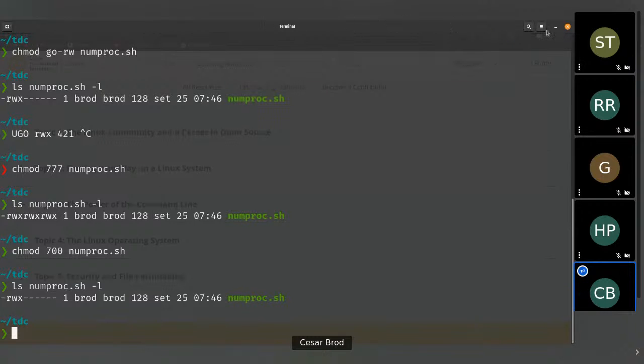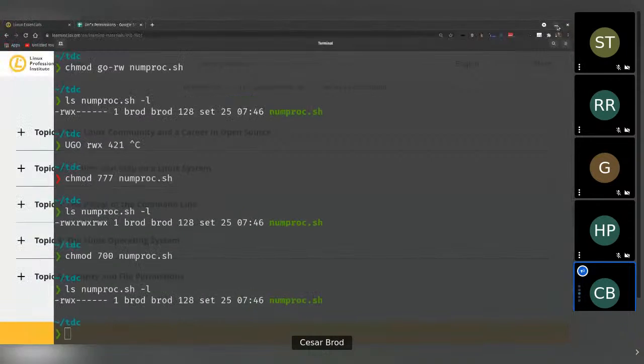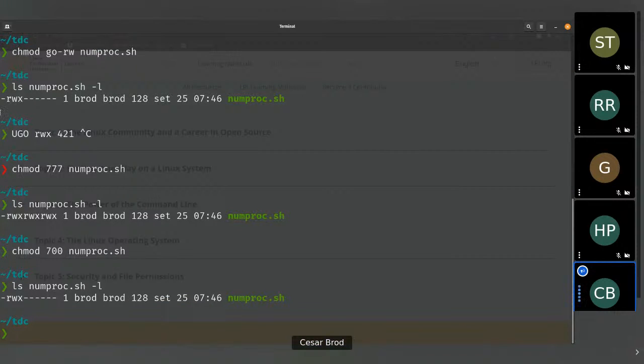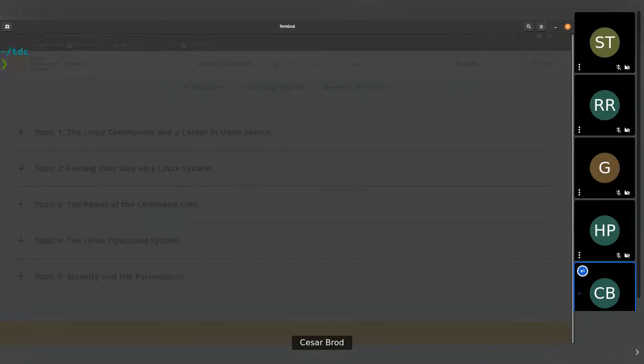So let me just minimize that and let me show you one small thing that I created. Let me write in the terminal so you'll be able to access. It's a small spreadsheet which is located at broadtech.com/chmoderator.